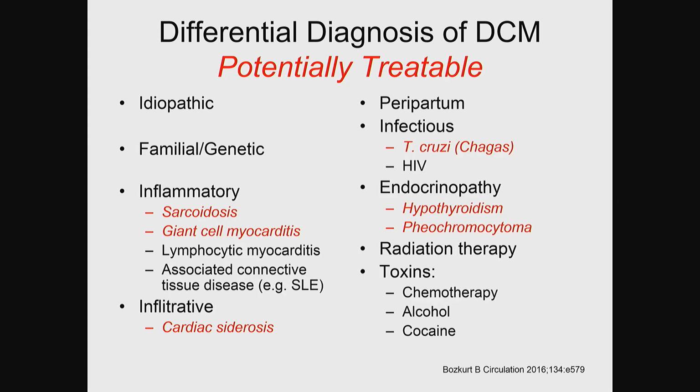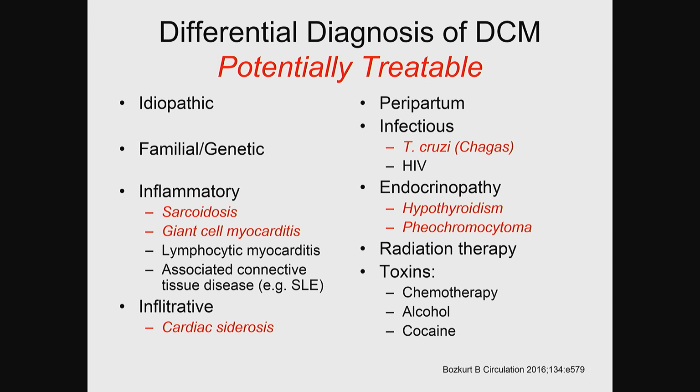Another reason to think about the underlying etiology beyond natural history and who should have a biopsy is that several of these have specific therapies. For several of the inflammatory or myocarditis, anti-inflammatory therapies with corticosteroids and more can be effective. With cardiac iron overload, chelation therapy or phlebotomy can be effective.